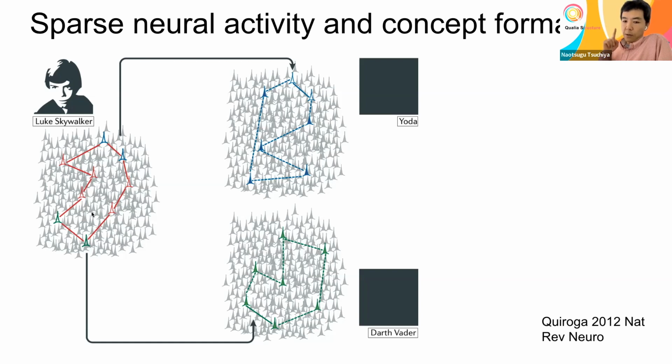If you have any concept, conscious experience of the concept, such as Luke Skywalker or Yoda or Darth Vader or whatever, and correspondingly, if you have a neuron that fires for each of them with completely flexible sensory input, such as Luke Skywalker's image or concept or pronunciation, then you'd need at least the same number of neurons as the number of concepts that you have. And how many concepts do you have in your life?